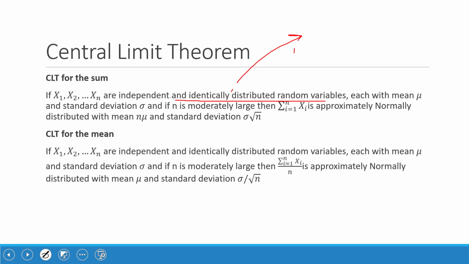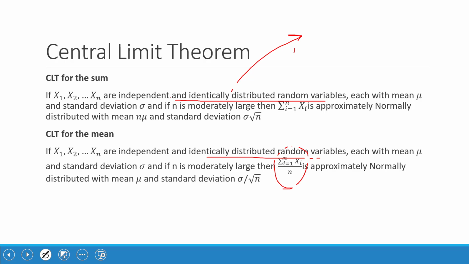The same thing can be applied for the mean. Similarly, if we have x1, x2, ... xn, which are independent and identically distributed random variables, and we form a function of those random variables by taking the sum and dividing by the number of random variables, which is calculating the average, then that average can be approximated as normally distributed with mean mu and standard deviation sigma by root n.